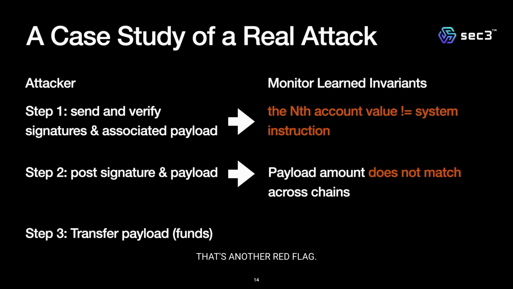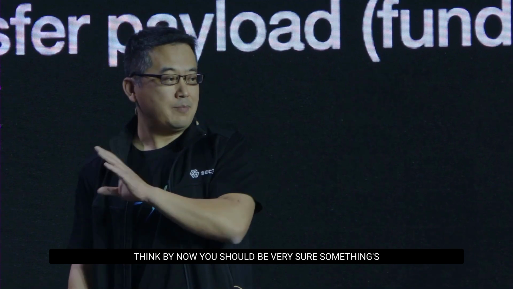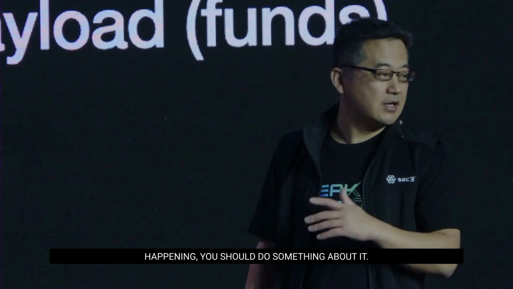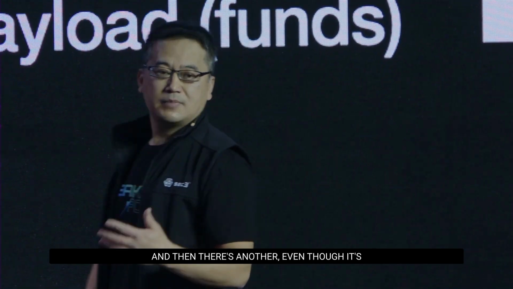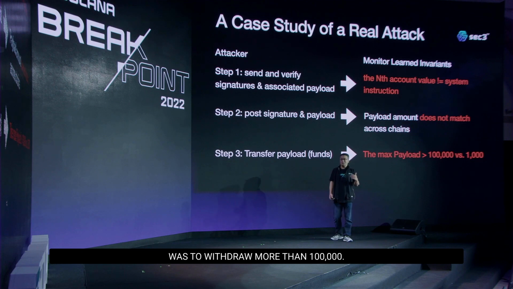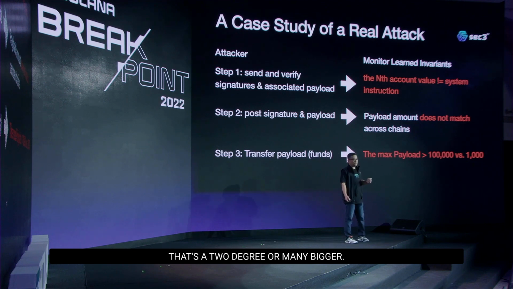That's another red flag. If you weren't sure in the first step, by now you should be very sure something's happening. You should do something about it. And then there's another, even though it's a weaker one: the instruction submitted was to withdraw more than 100,000. That's 2 degrees of magnitude bigger.